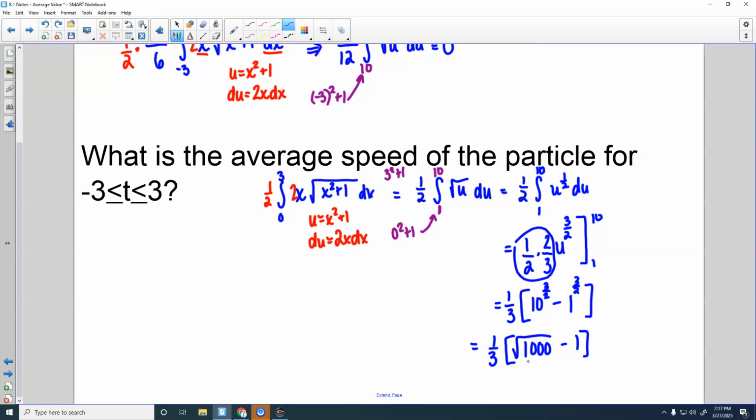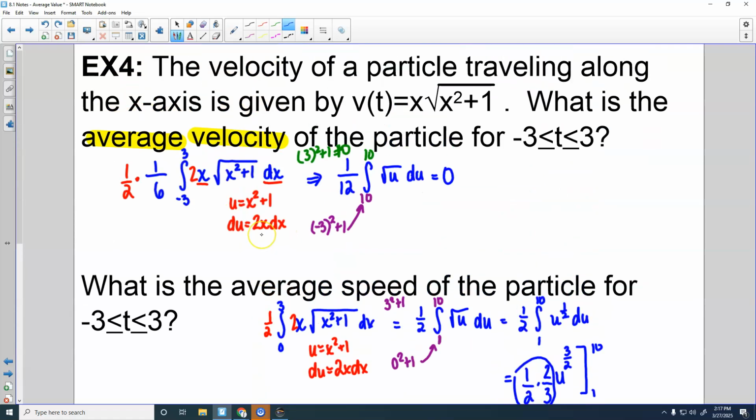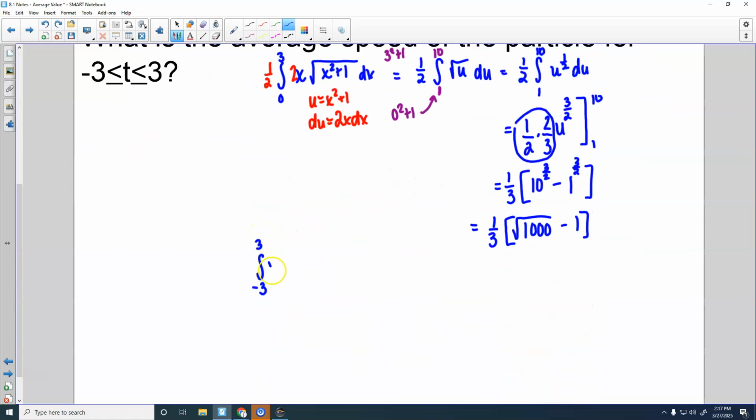So this is just the integral from 0 to 3. If I want to know the integral from negative 3 to 3 of v(t), I'm using a lot of x's here, and I should have been using t's. Then it would be 2 times this, which would be like 2/3 times the square root of 1,000 minus 1.